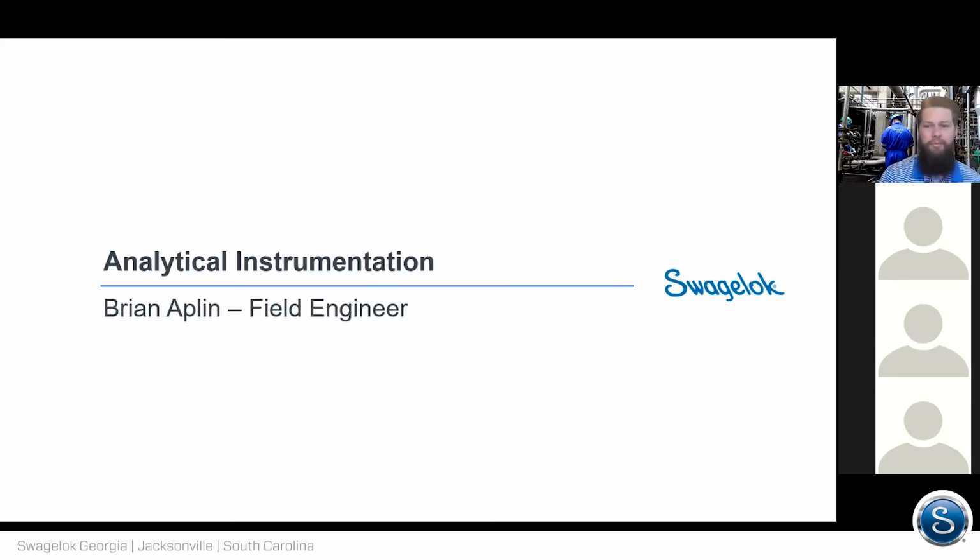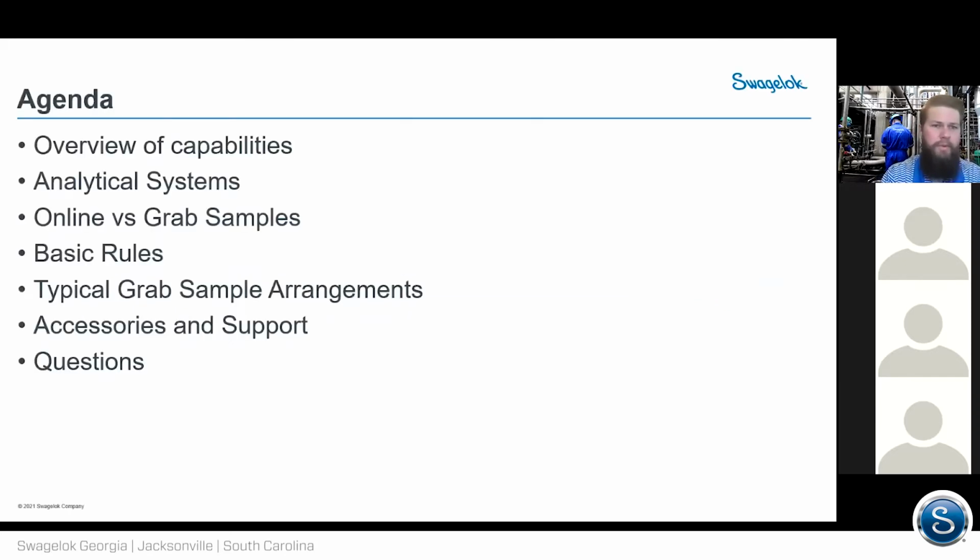But yeah, we're going to talk about analytical instrumentation today. I want to spend just a little bit of time setting a baseline. We'll go over a little bit of our capabilities and talk a little bit about Ben and I's role as field engineers. Then we'll get into the analytical systems. We'll talk about the differences between online and grab sampling systems. Just going to differentiate between the two so that you understand a little bit of the language of what I'm talking about.